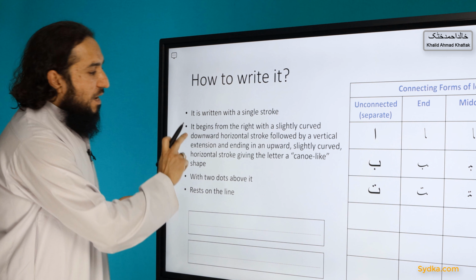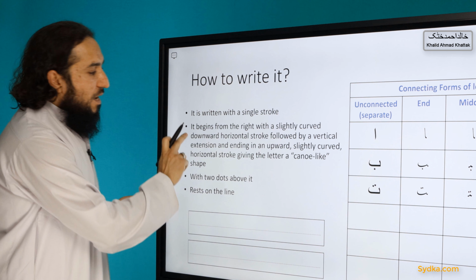Is it a connector or non-connector? It is a connector. Why? Because if you see its connecting forms, that will prove that it is a connecting letter. What happens with a connecting letter is you can connect before or after it.